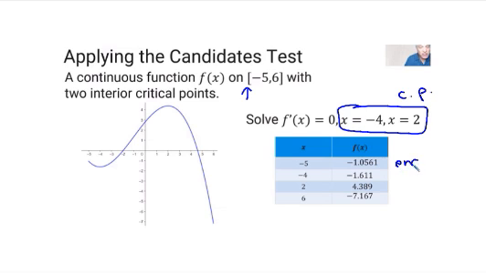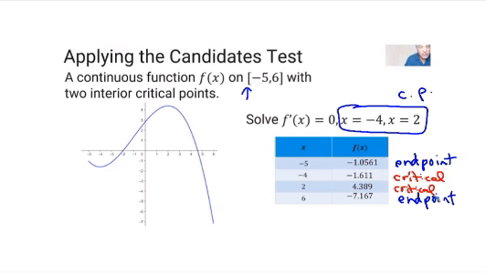Okay, this is an endpoint. This is an endpoint. And then we also check our 2 interior critical points. Critical. All right?